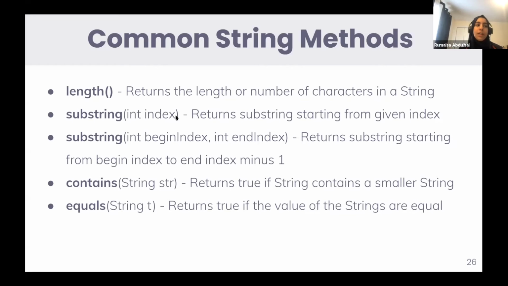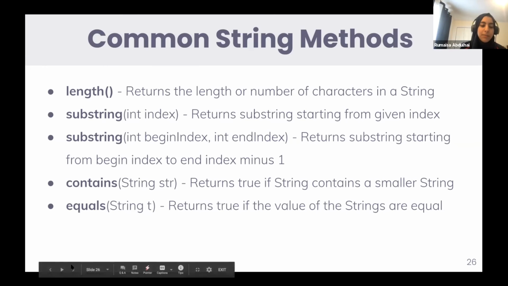So if I have string name 1 equals Ramaisa, string name 2 equals Ramaisa, I want to see if they're equal. So Ramaisa dot equals Ramaisa will be true, right? But if I have another string like Ramaisa and Ro'a, that will be false. All of these methods, we'll go over how to call them in the next slide.